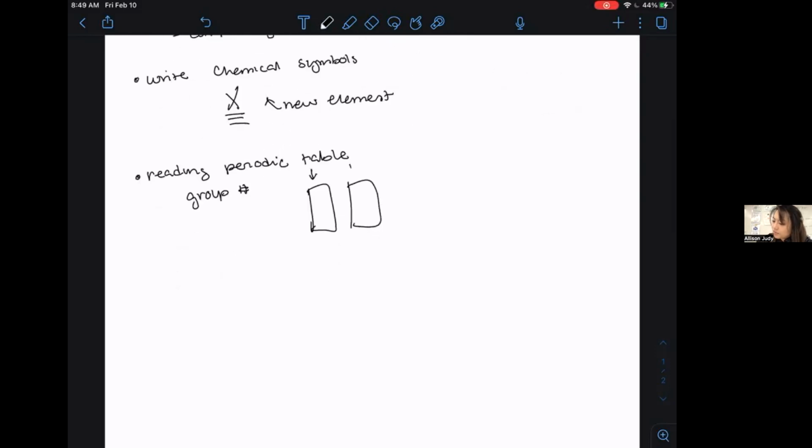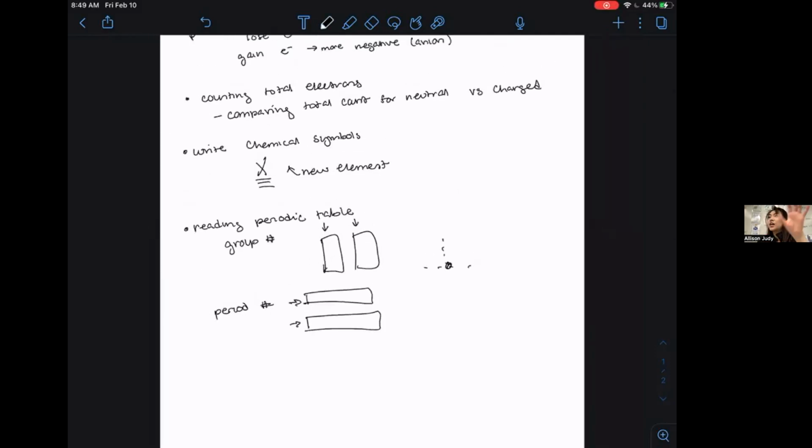And then I gave you a row, or what we call a period number. Which one am I looking at here? And you had to find the crossover to find your element and identify it. People apparently really struggled counting. That was the front page. A lot of you wrote that as the back page, but that was actually the front page.